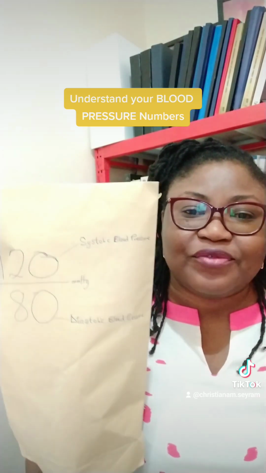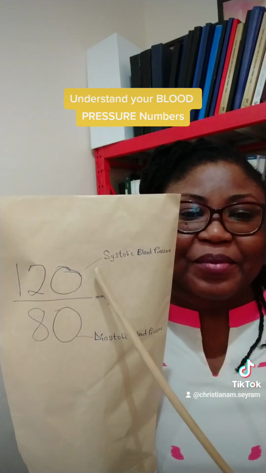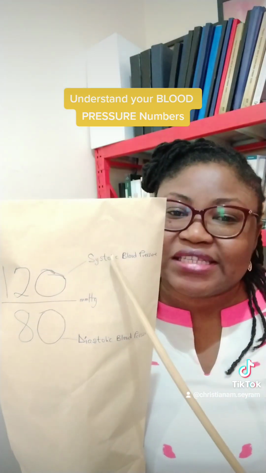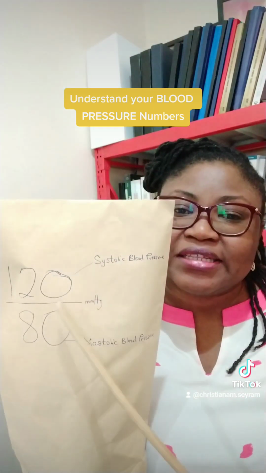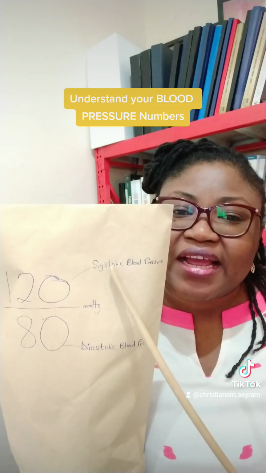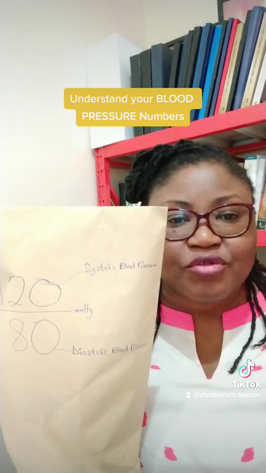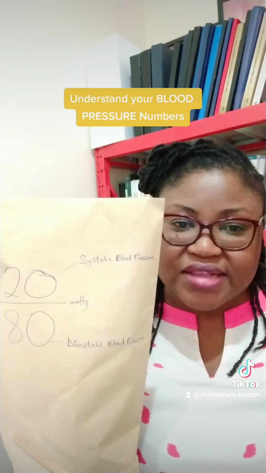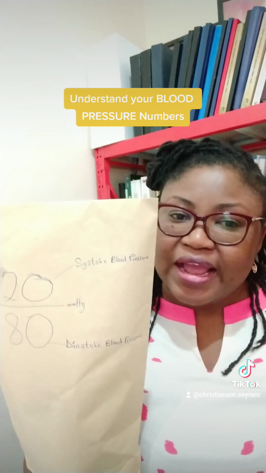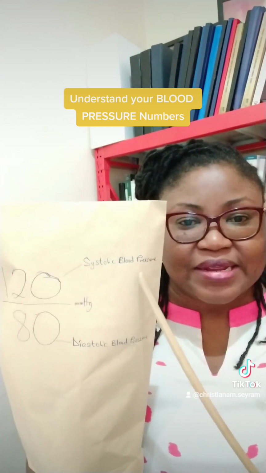So please, let's take care of ourselves and monitor our blood pressure. The next time you get your blood pressure checked, don't forget this. The top number is called the systolic blood pressure, and it is the pressure exerted on your arteries as your heart contracts to push blood through the arteries to the rest of your body.